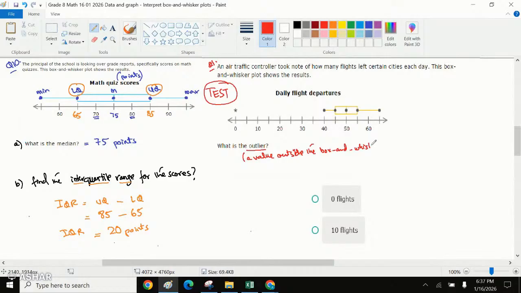So can we see a value that is outside the box and whiskers? We can say this was the minimum, this was the lower quartile, this was the median, this was the upper quartile, and this was the max, right? So what is an outlier?